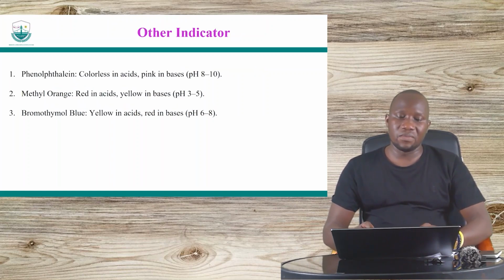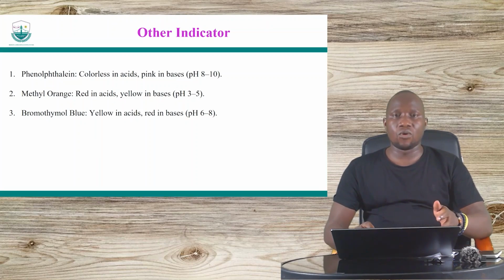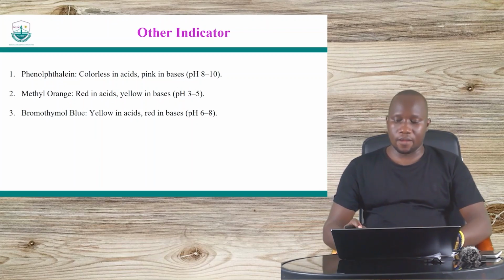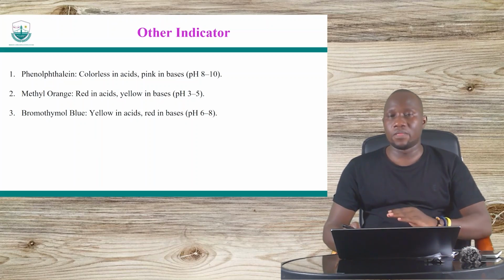Phenolphthalein, we have talked about it, methyl orange, and then bromophenol blue. These ones are more specific because they change colors in specific pH ranges.